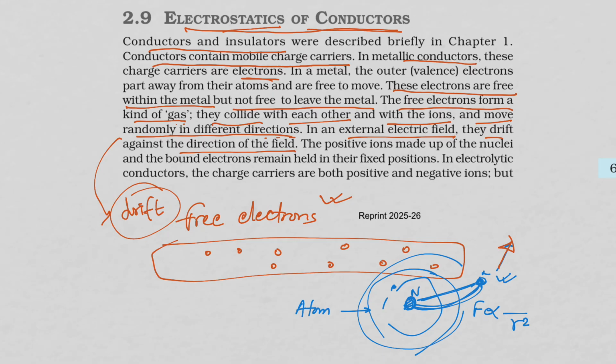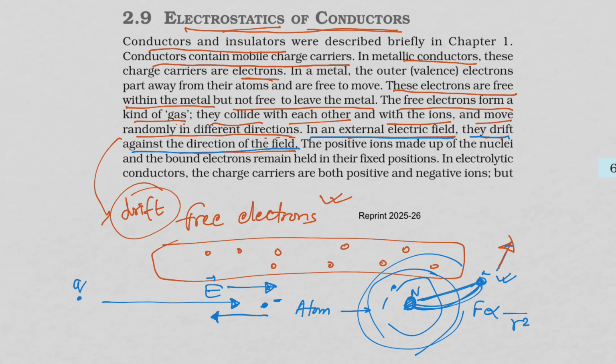That simply means that when we say external electric field, we are talking about, say, a positive source charge, and because of this there is an electric field towards the right. The electrons are negatively charged, so there will be an attraction force, and because of this electric field, they will move in the opposite direction to the electric field.